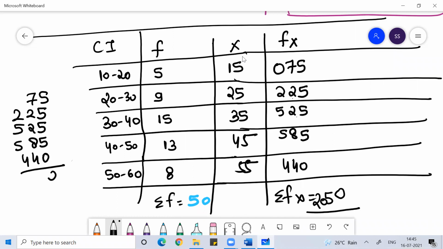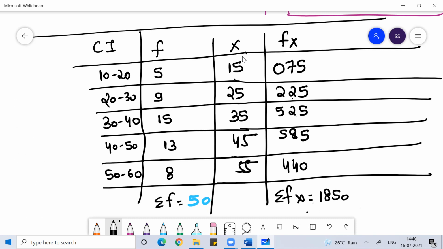Adding: 510, 15, 22, carry 7, 9, 11, 13, 21, 25, carry 9, 11, 13 plus 5, 1850. This is 1850. Okay, so you understood. So you get this 1850.